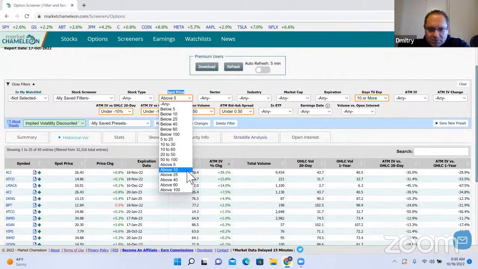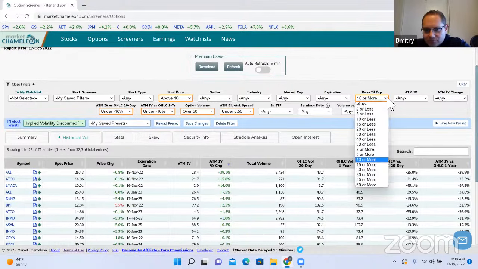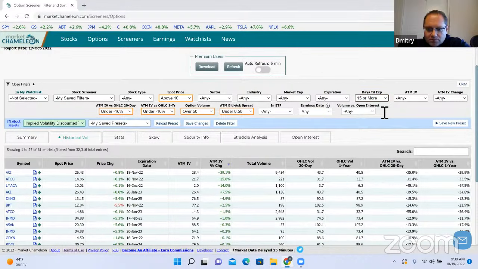I'm going to move that to above $10, because I'm not looking for very cheap, low-priced stocks to trade options. Let's say stock price at least $10. Let's look for options with an expiration that has at least 10 days or more to go. Maybe I would take that higher. Let's go out a little further, 15 days or more.